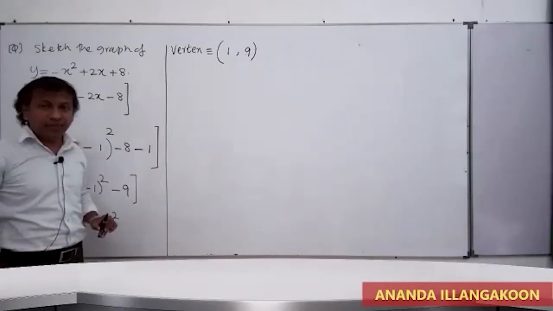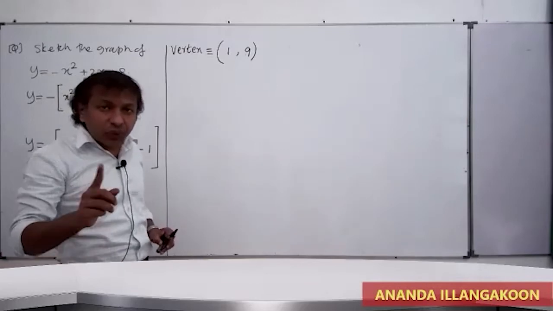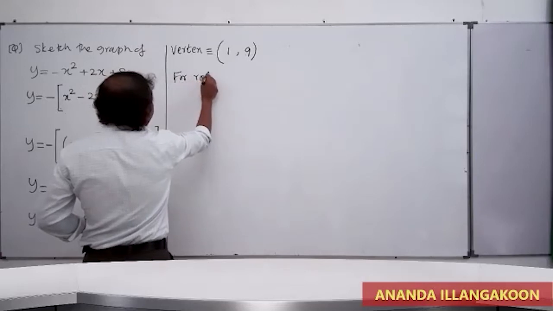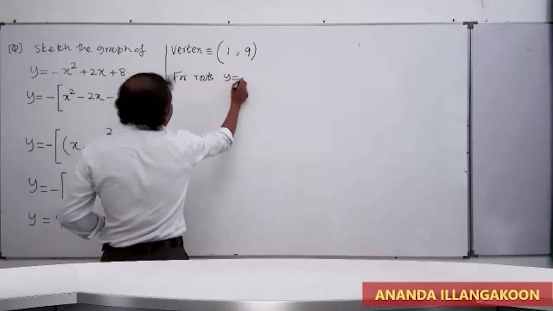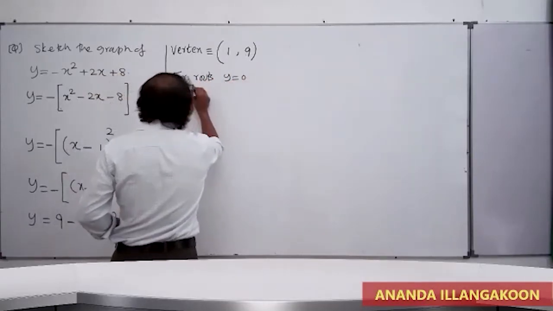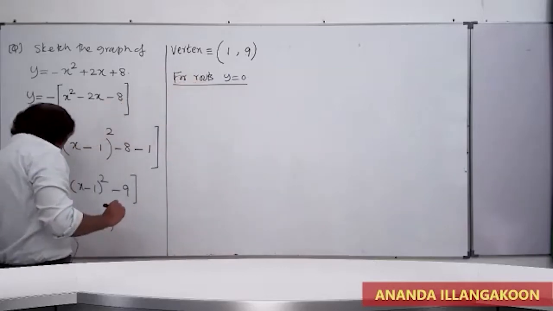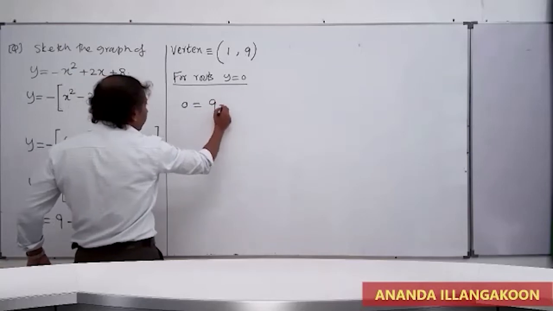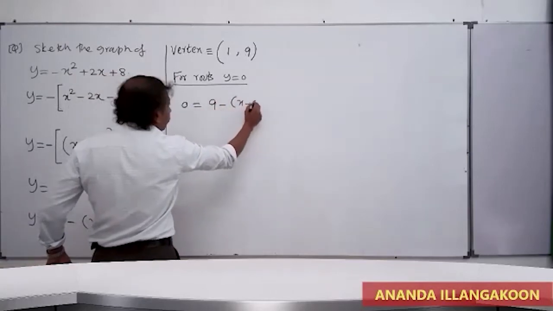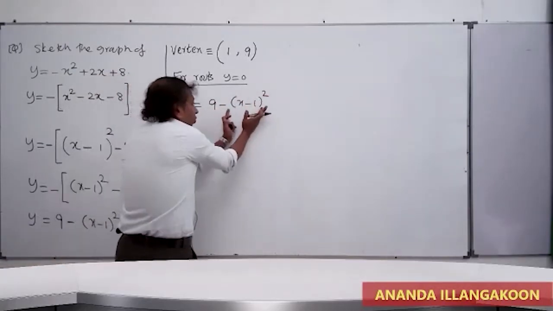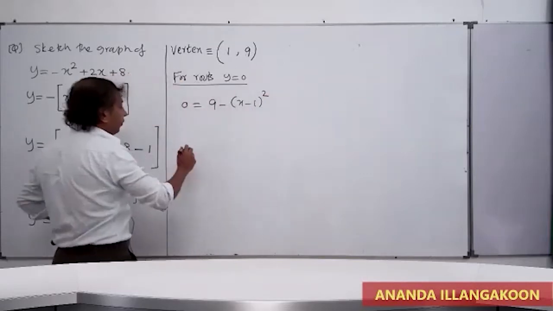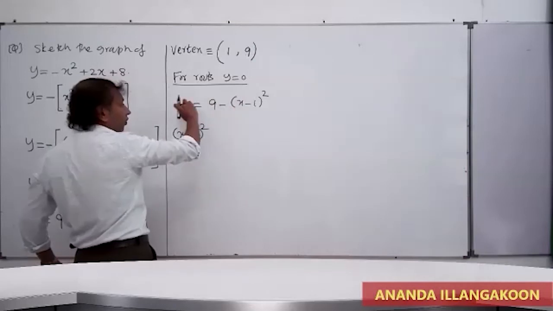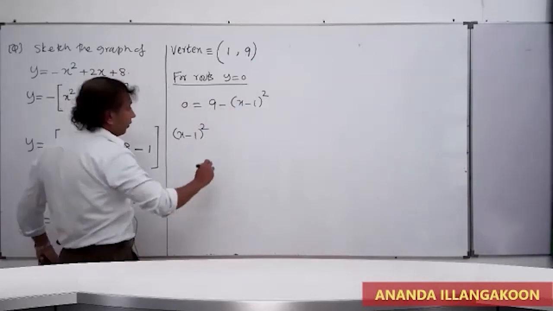That is okay. Now, secondly, we have to find the roots. Right? For roots, put y equals 0 here. What do you get? 0 equals 9 minus (x minus 1) perfect squared. People, bring this term to this side. (x minus 1) perfect squared, once you bring this to the left hand side, that will be plus, equals 9.